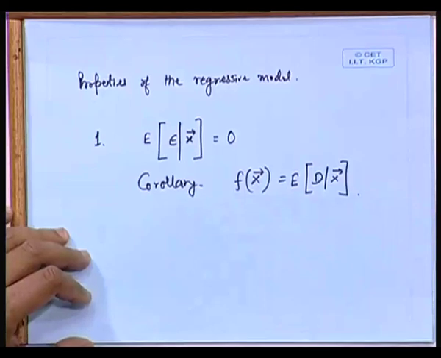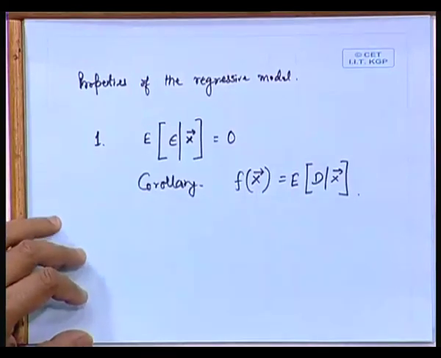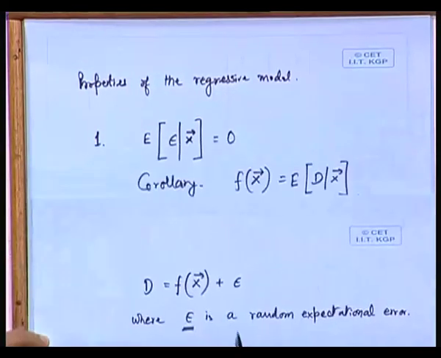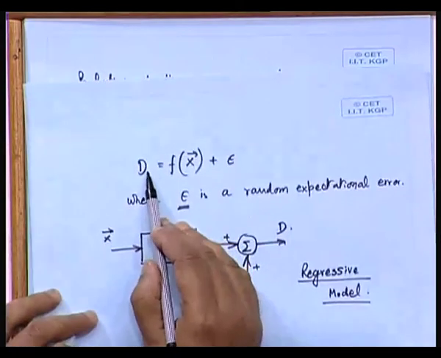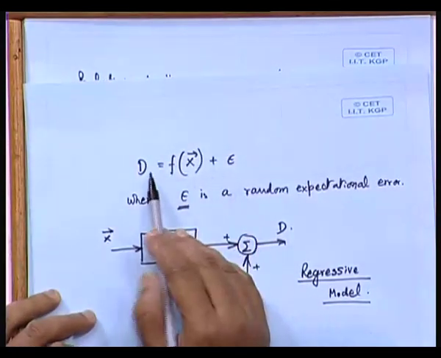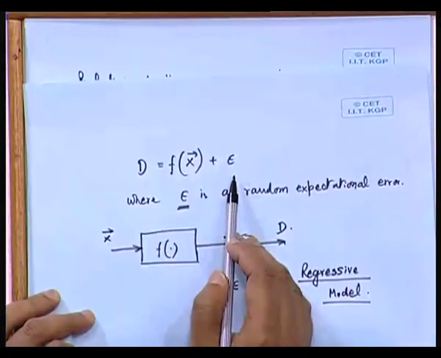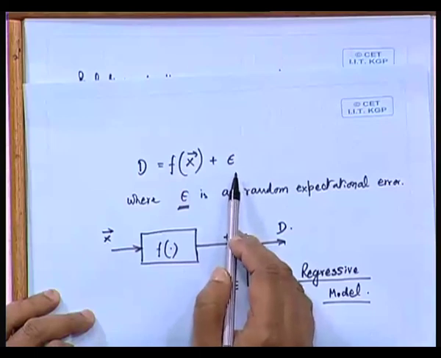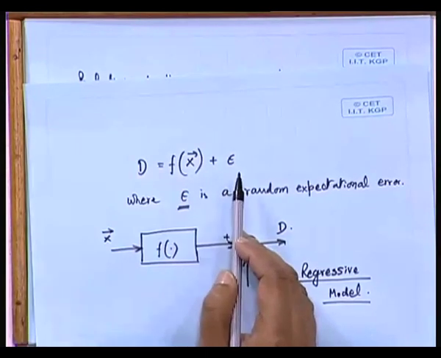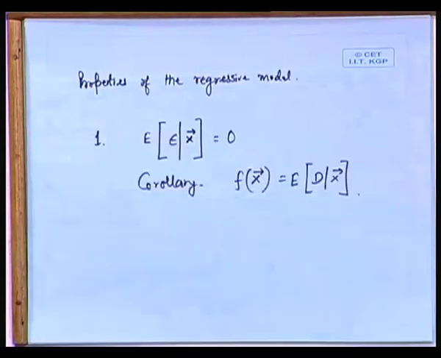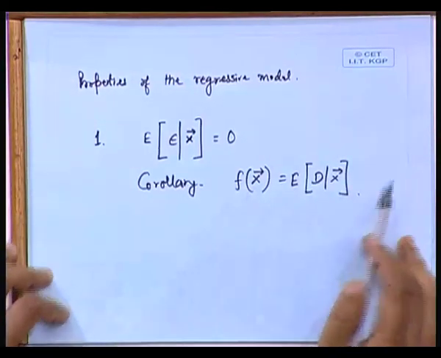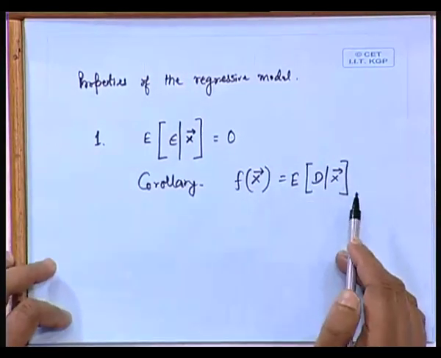Quite understandable, isn't it? Because the expectation of D given x vector will be equal to f(x) plus the expectation of epsilon given x vector, and that is already equal to 0.